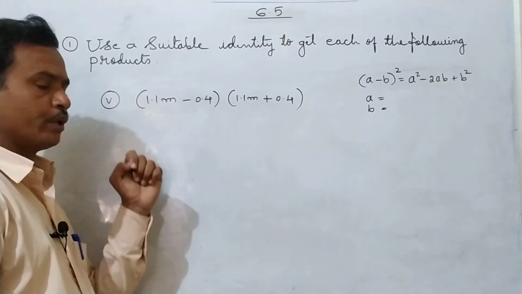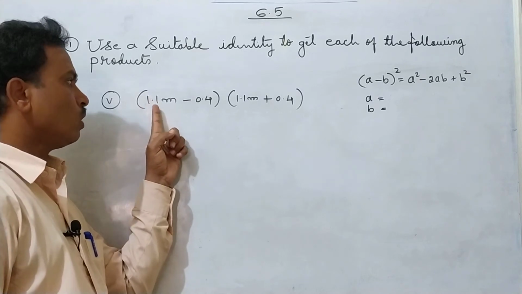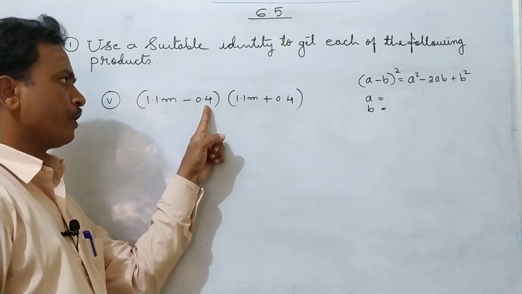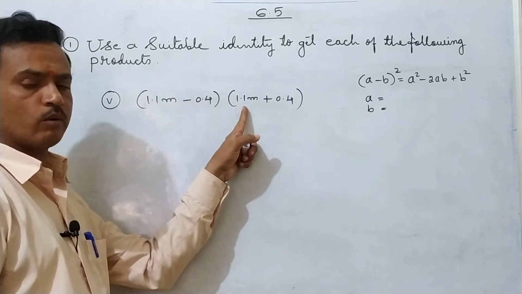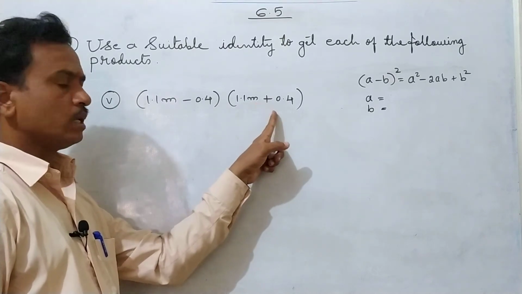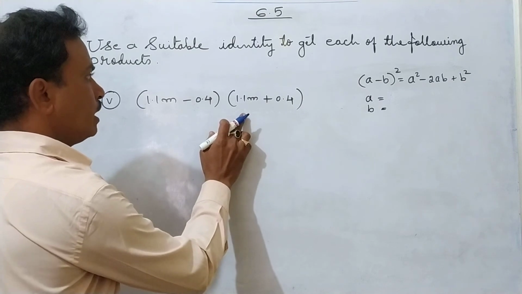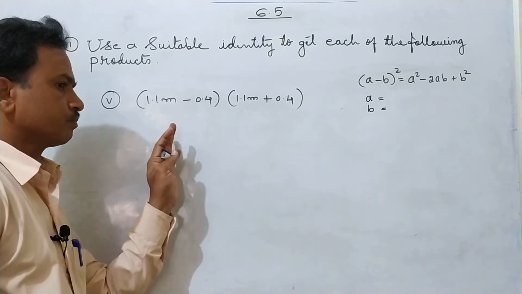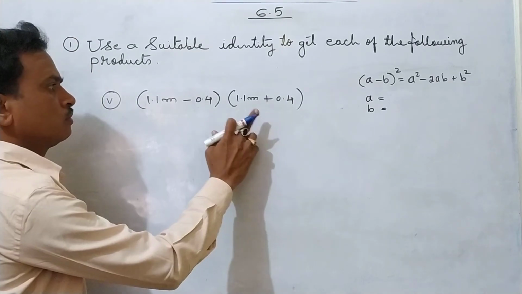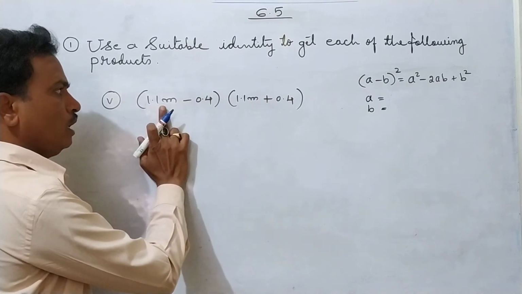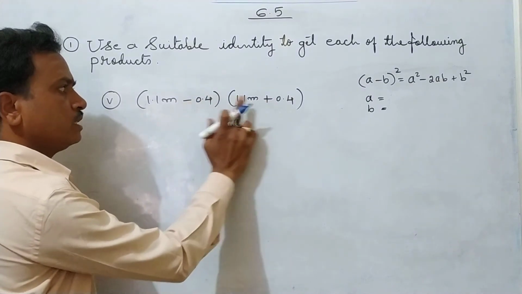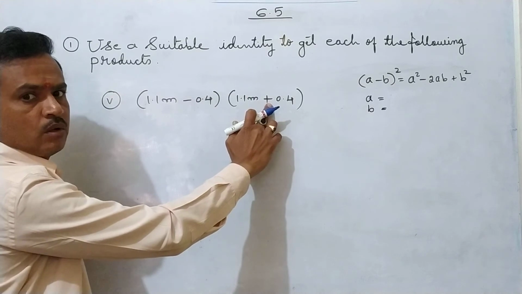Next question number 5. 1.1 m minus 0.4 into 1.1 m plus 0.4. So this can be written as, now here minus is there, here plus is there. Okay.